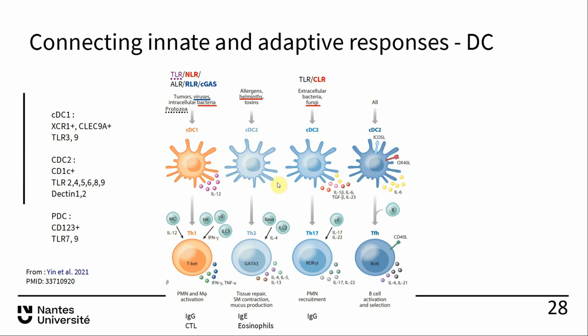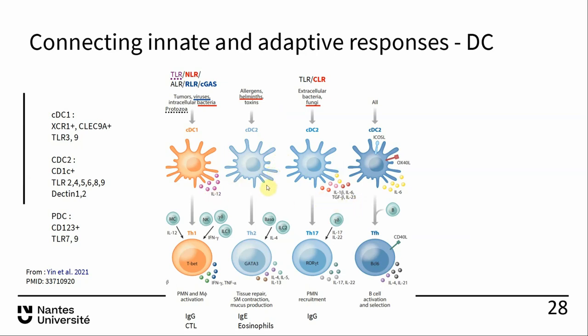So I think the current idea is that if dendritic cells come into contact with some kind of helminth antigens, then it's mostly the cytokine environment from the epithelial cells which is going to prevent these DC from secreting IL-12 and IL-23.